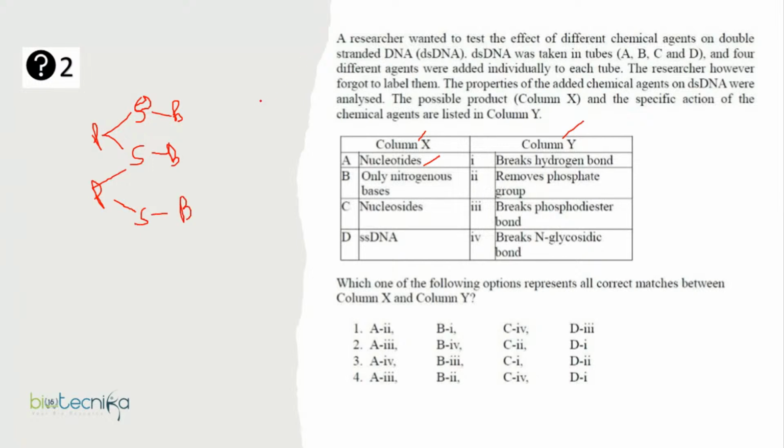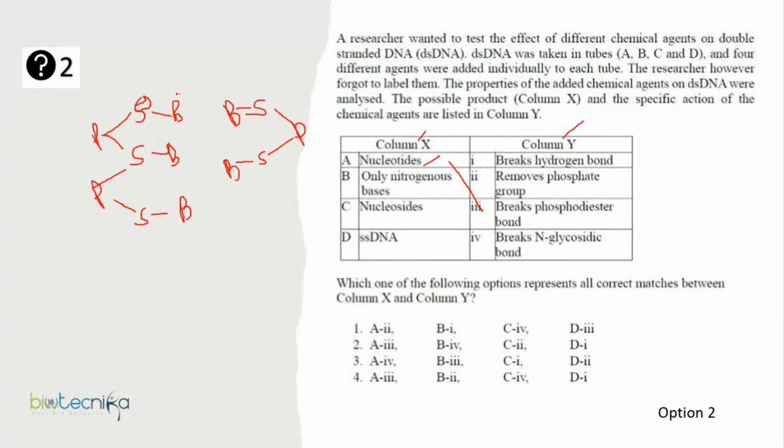This side also you have the same thing. You have the sugar, you have the base, and then you have the phosphodiester bond. Okay, so if you just want to get the nucleotides, you have to break the phosphodiester bond, right? So to get nucleotides, you have to break phosphodiester bond.